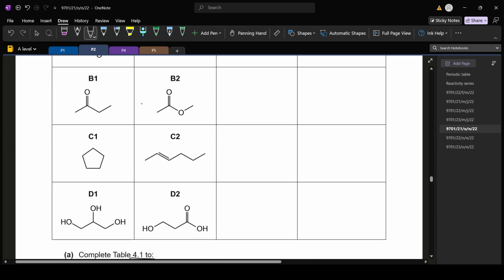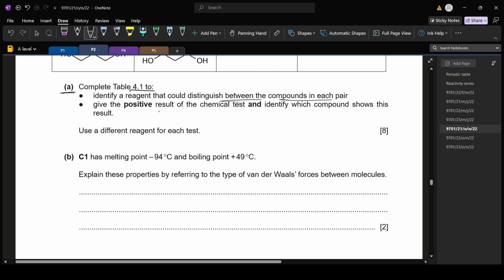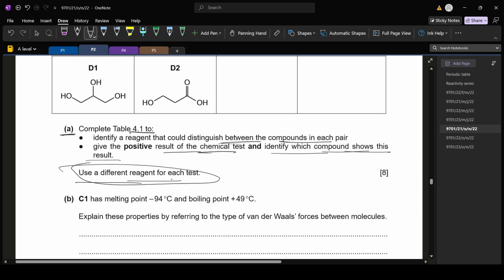Give a positive test result of the chemical test and identify which compound shows this result. Use a different reagent for each reaction, so you have to remember this.